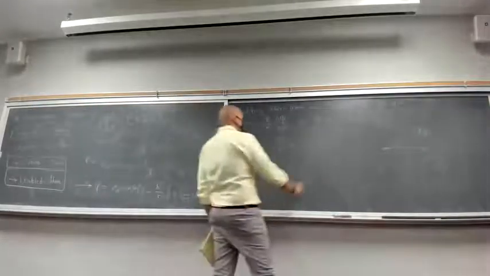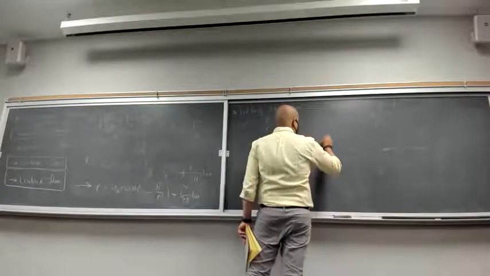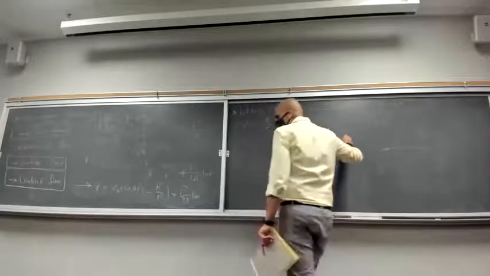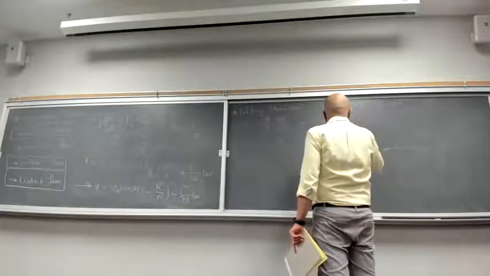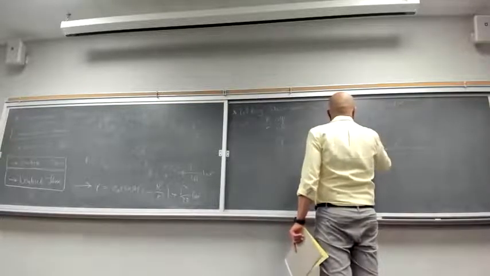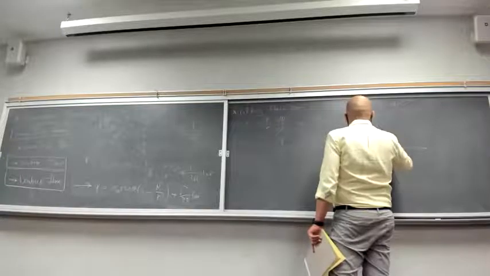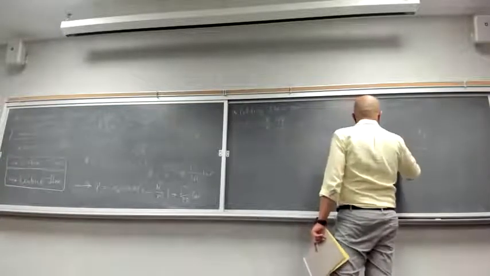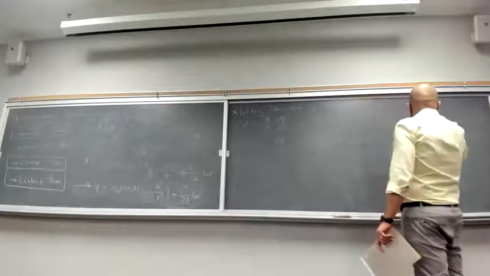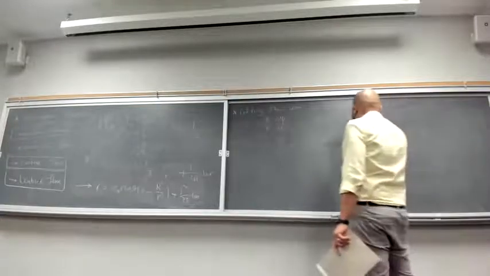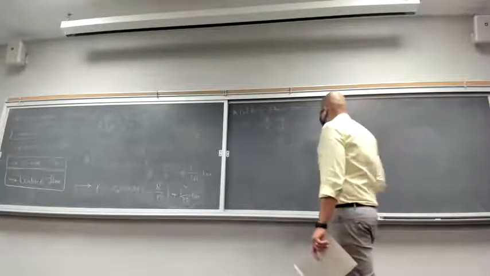So we want to take the derivative of V infinity r sine of theta minus V infinity sine of theta R squared divided by r plus gamma over 2 pi natural log of r. Okay, we want to take this derivative with respect to r.